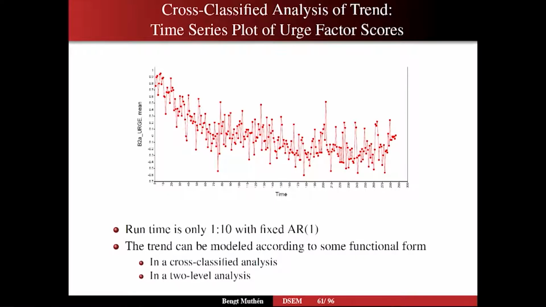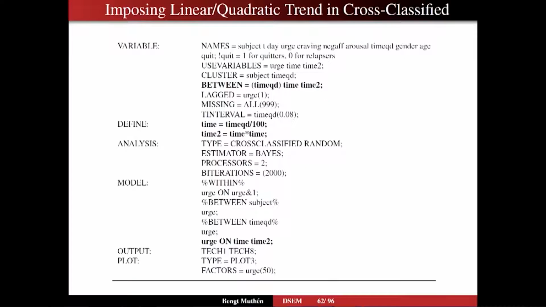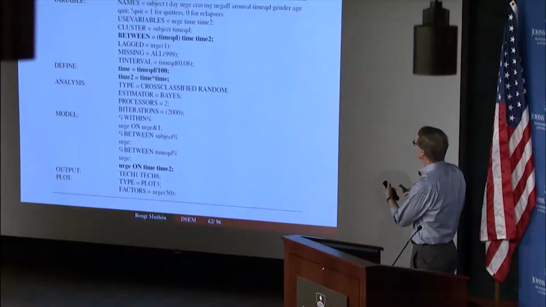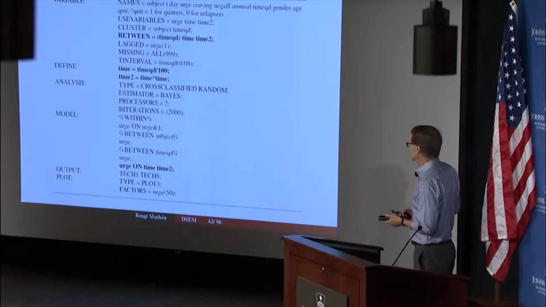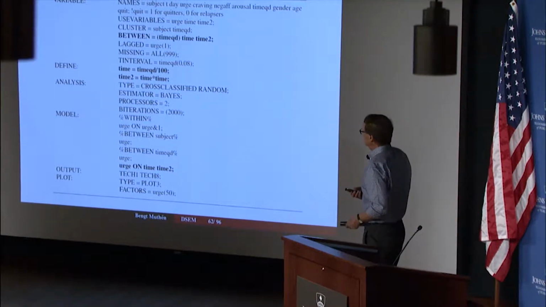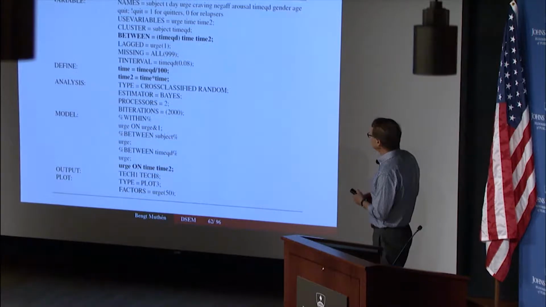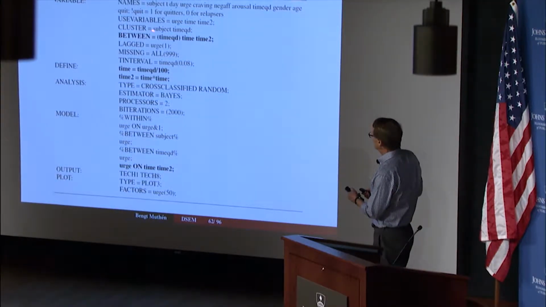So don't get lost. First of all, we impose linear quadratic trend in the cross-classified case, just adding to the cross-classified analysis that we talked about. So we still have cluster equals subject and time QD, and we still have analysis type cross-classified random.